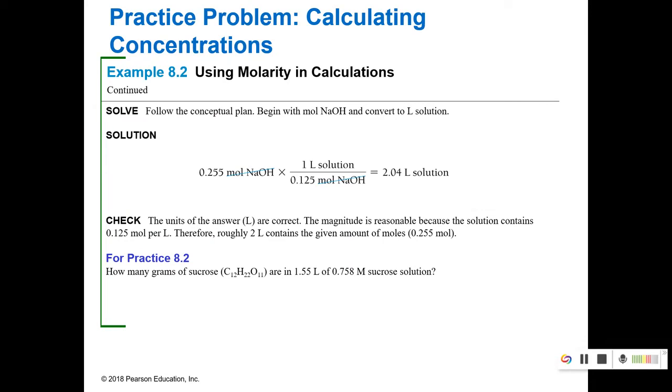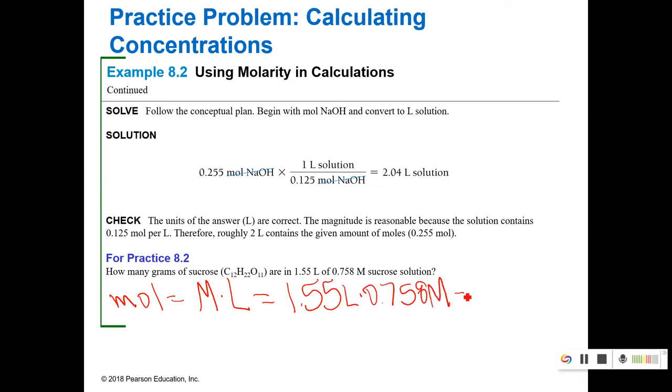All right, let's do another one. This one wants grams. So remember, moles was molarity times liters. Okay, so I have 1.55 liters times 0.758 molar.